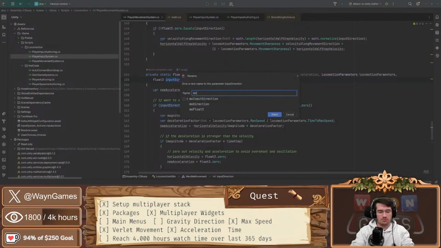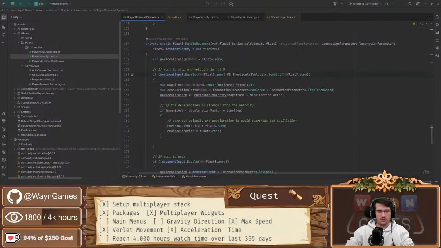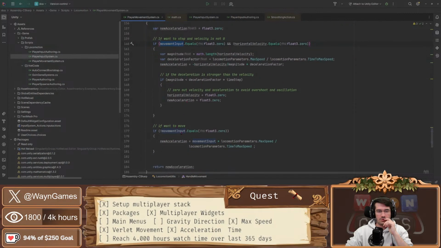Name that movement input. Zero. And that's the only place I'm using it. No, I'm using it here also, multiplied by the movement input.